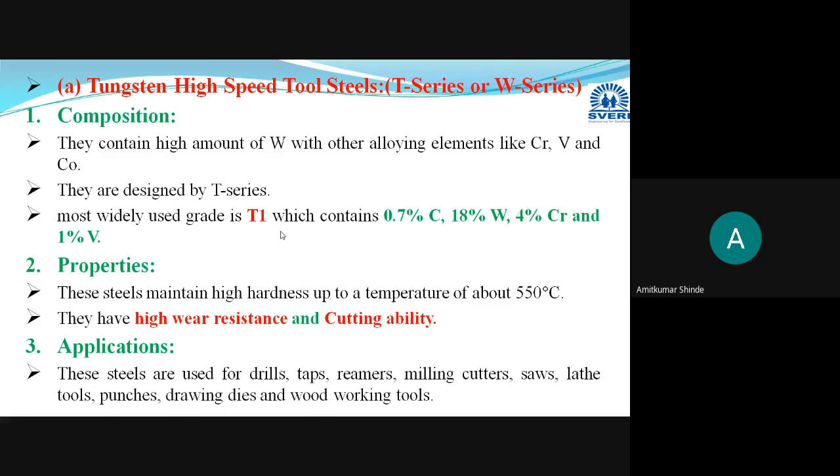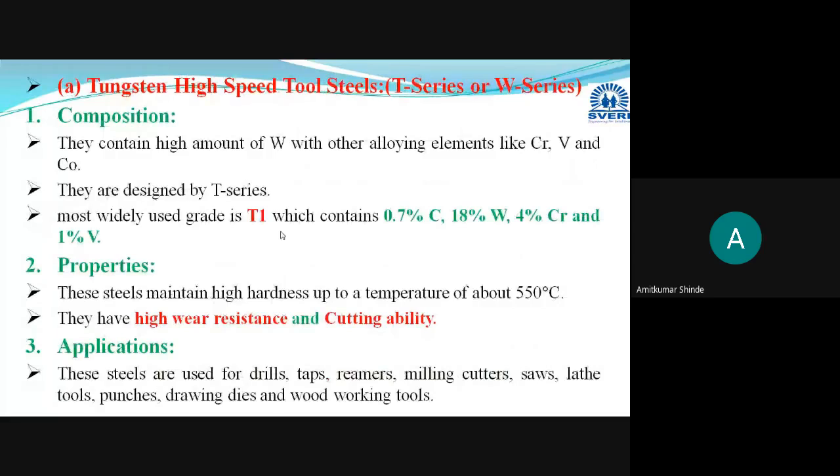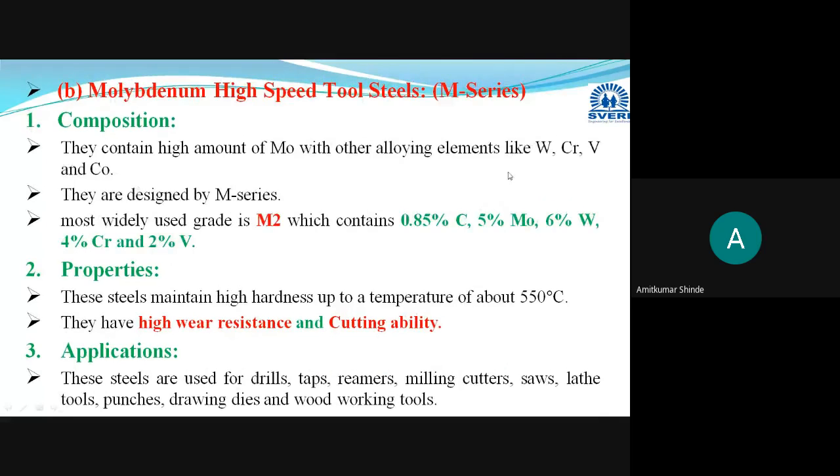And what is the role of the other alloying elements? In both types, the common alloying elements are tungsten, chromium, vanadium, and cobalt. In the second type also, tungsten, chromium, vanadium, cobalt, and this molybdenum are there.